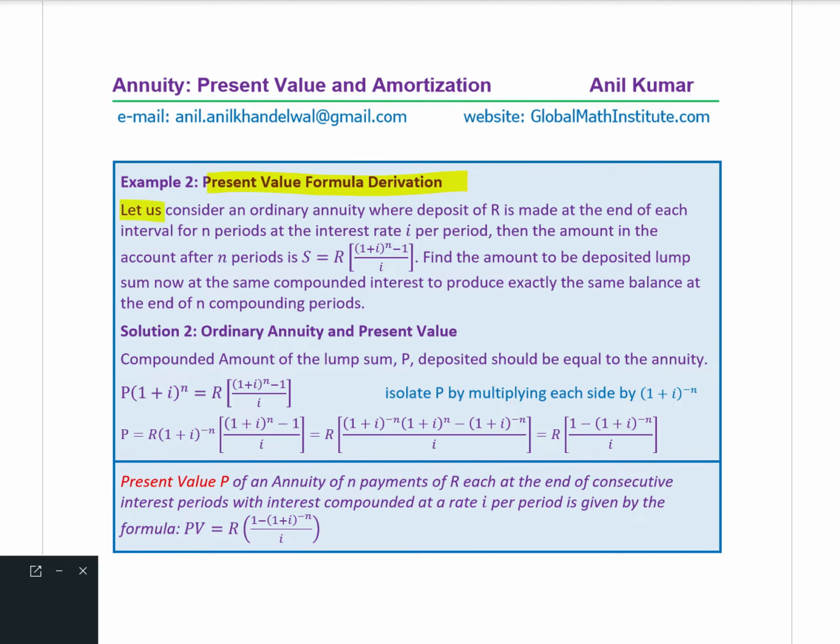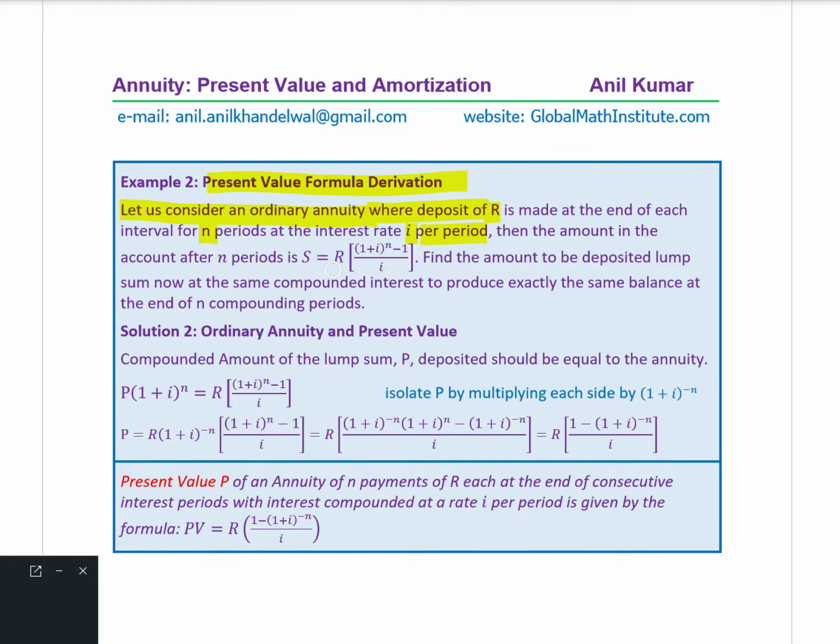Let us consider an ordinary annuity where deposits of R are made at the end of each interval of n periods at the interest rate of I per period. Then the amount in the account after n periods will be the sum of the series, right?